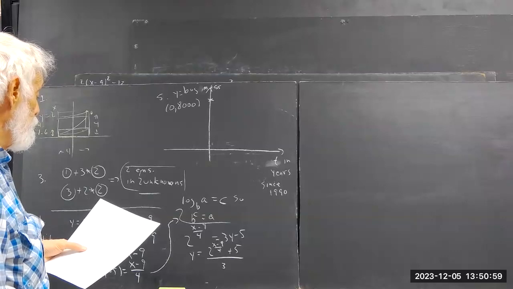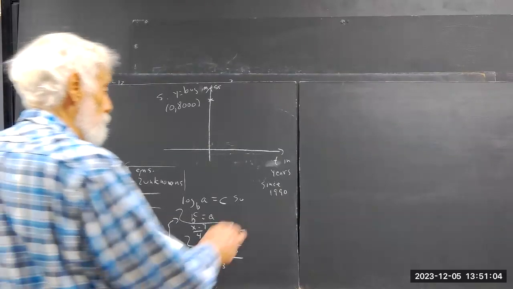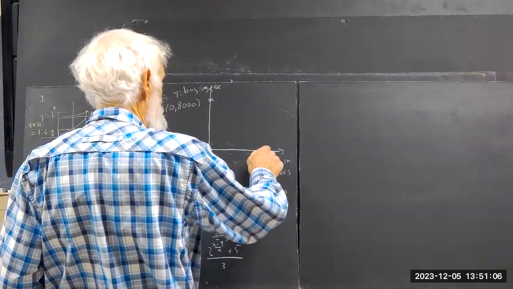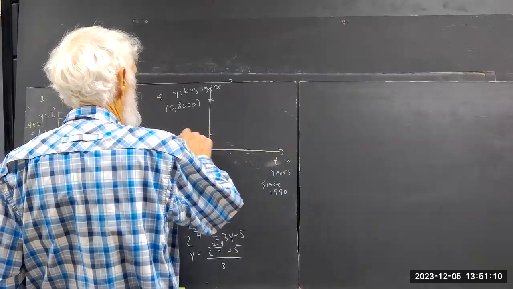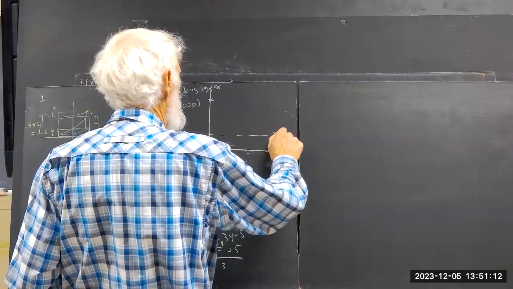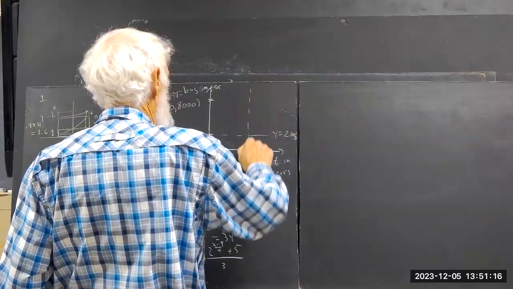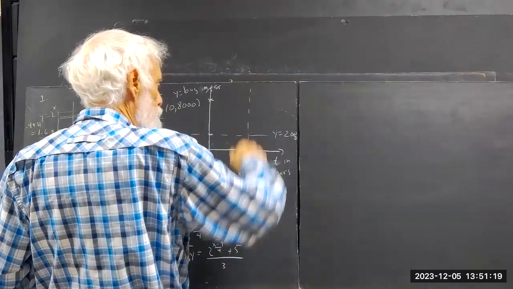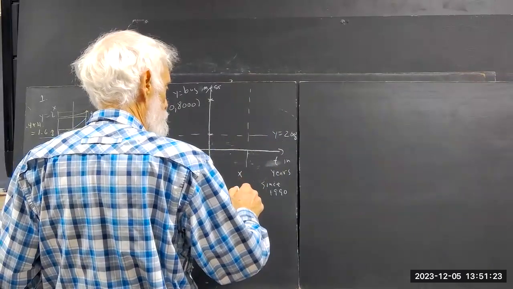And then in the year 2016, which is 26 years after this, I've got only 2,000. So y equals 2,000. I'd like to see these lines. It just means you're learning more if you can do this.